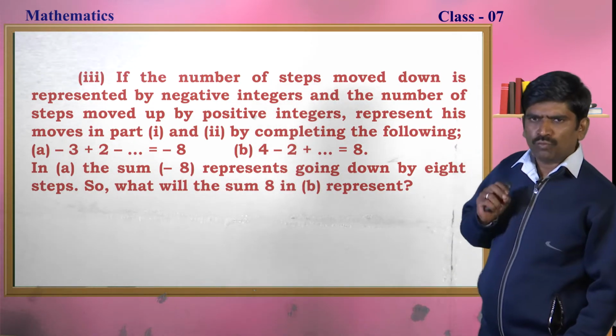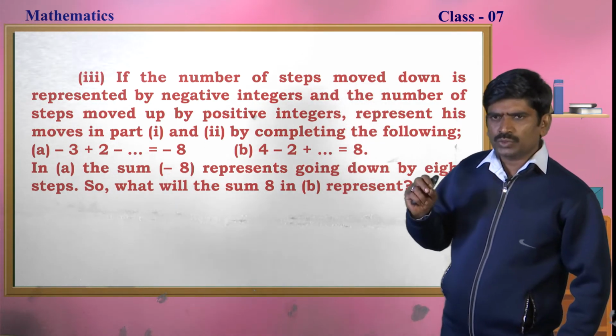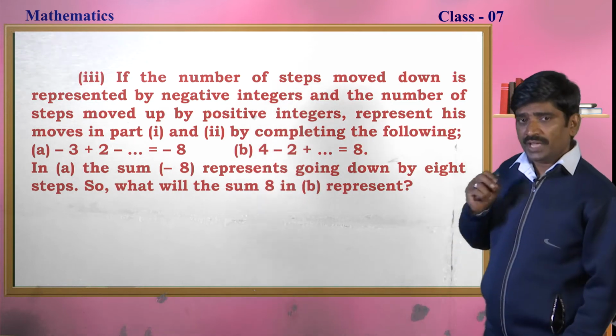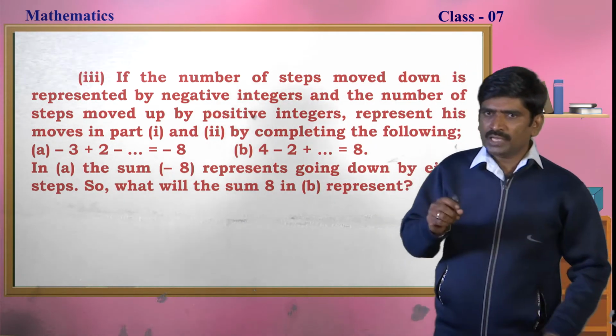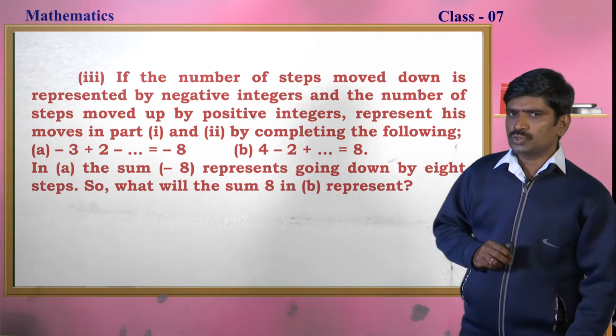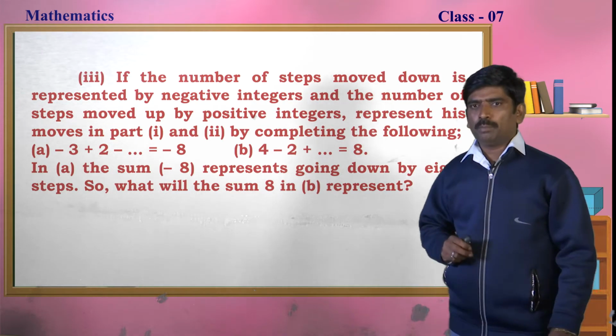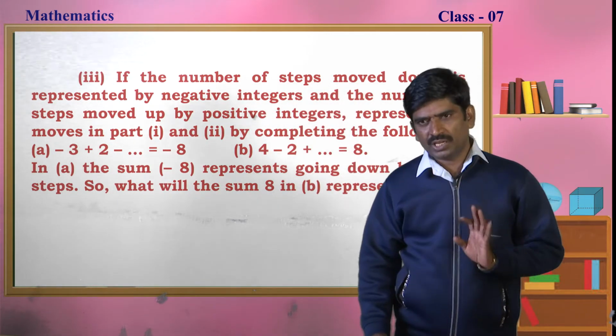B: 4 - 2 + ... is equal to +8. In A, the sum -8 represents the monkey going down by 8 steps. So, what will the +8 in B represent? This is the question I gave for homework.